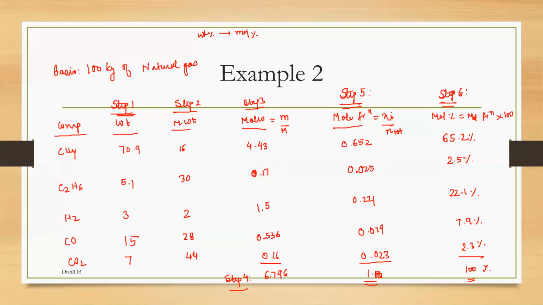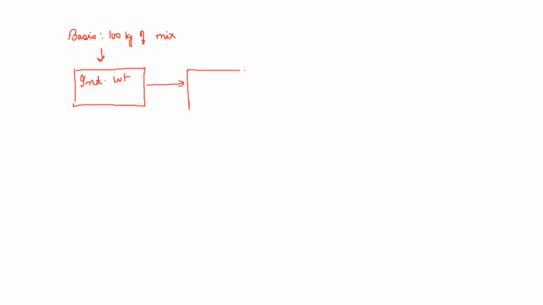So hope you people are clear about the steps involved in converting weight percent to mole percent. So once again, let me tell you, in order to convert weight percent to mole percent, we need to take our basis as 100 kg of mixture. Then from this basis, we'll get individual weights. Using individual weights, we are going to calculate moles, individual moles, that is weight upon molecular weight.